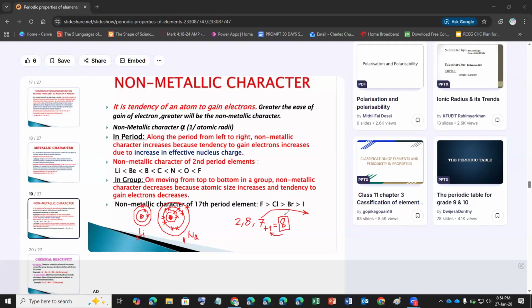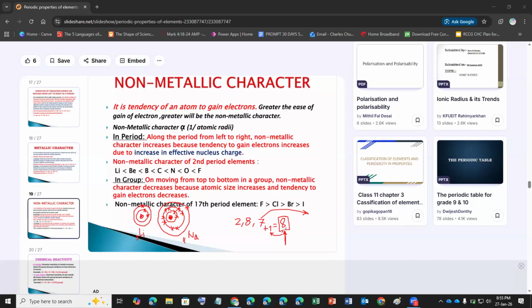So in other words, chlorine is a strong non-metal. Let me just put it that way. If you understand it that way, it's better. So it will rather take on 1 electron so that it will now achieve that golden configuration, that stable configuration of having 8 in its outermost shell.